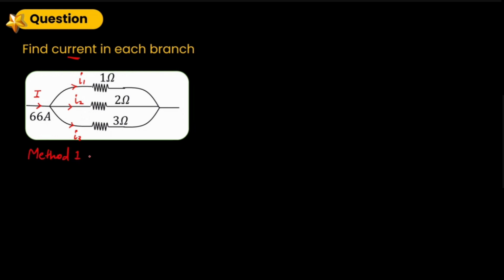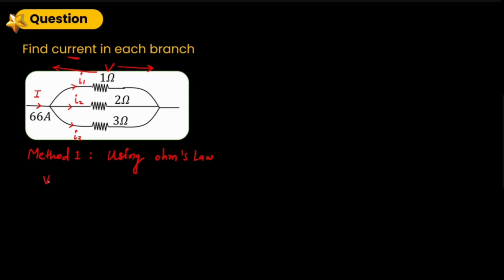We'll use all the methods to solve it. First, the elementary method to do such a problem is using Ohm's law. Then we'll solve this problem with another method. Ohm's law says that the potential across all the resistors should be the same.